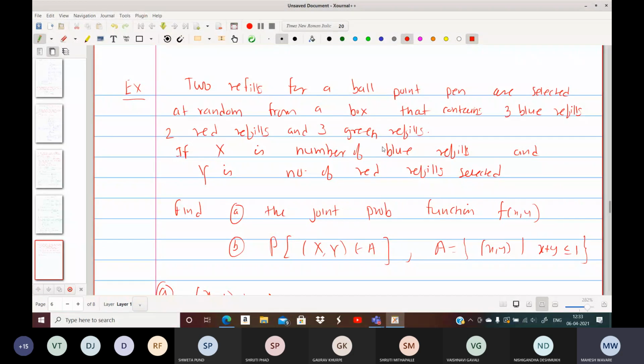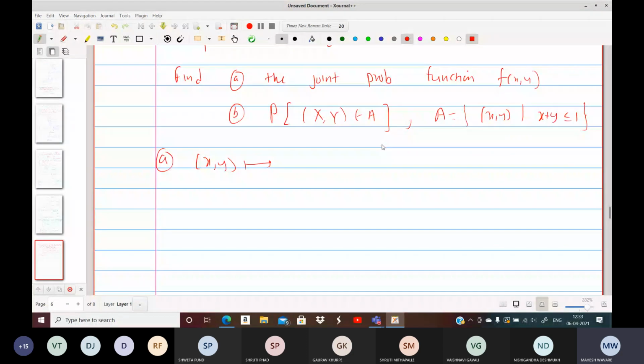The possible values are 0, 0, meaning no blue, no red, so both are green. Next 0, 1: no blue, 1 red and 1 green. I'm not mentioning the third point here, because the third depends on these two. Next 1, 0, and 1, 1. What is the other possible value? 0, 2. And another? 2, 0.